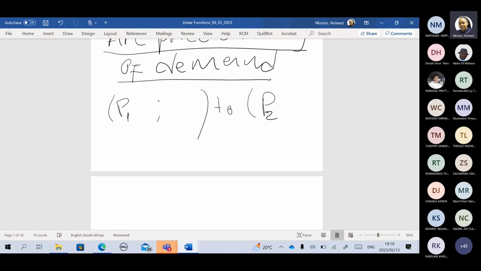Price 1 will give you quantity 1, and price 2 will give you the second quantity.